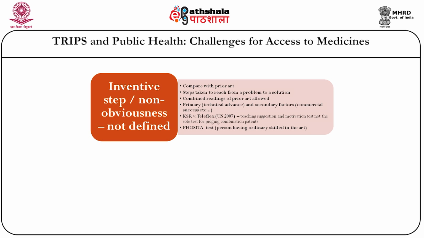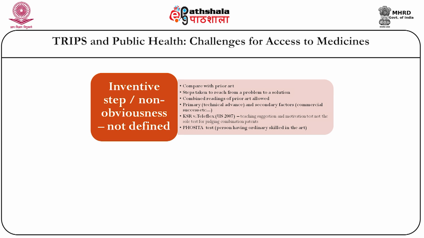In a recent case, KSR versus Teleflex, decided by the United States Supreme Court, it is pretty much clear that WTO member countries have certain leeway or policy space to maneuver around the degree of inventive step that may be required.